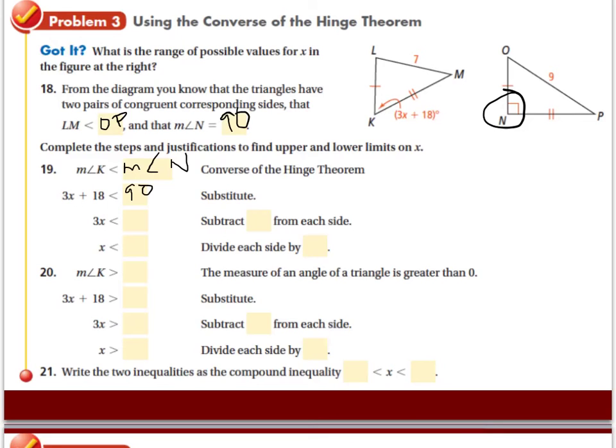We subtract 18 from each side and I get 72, and then divide each side by 3 and I get 24. So x is less than 24.